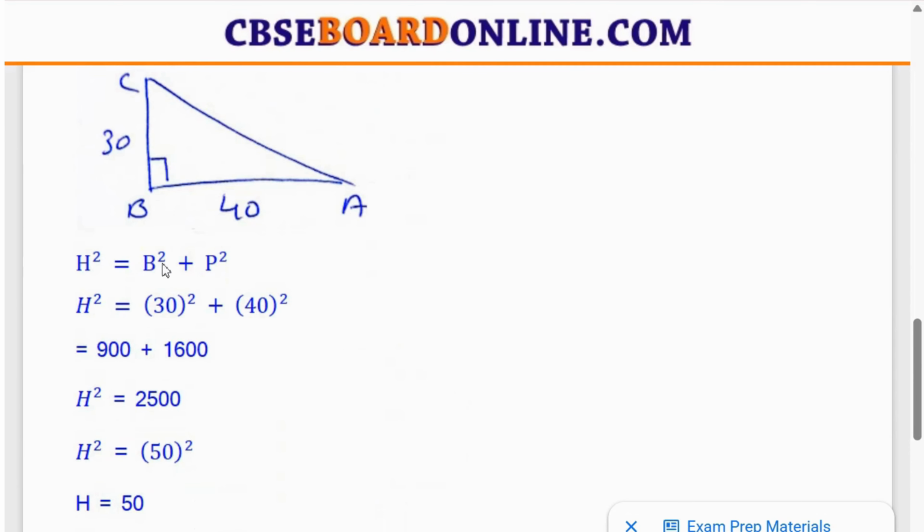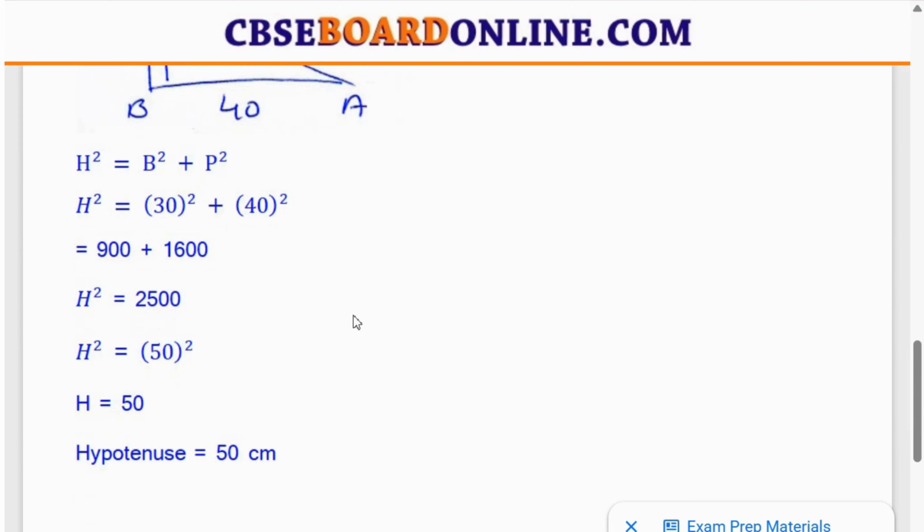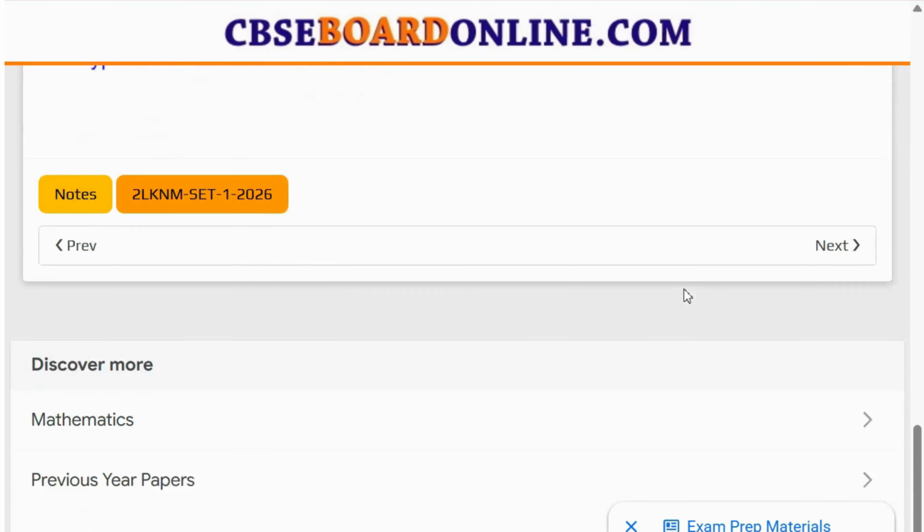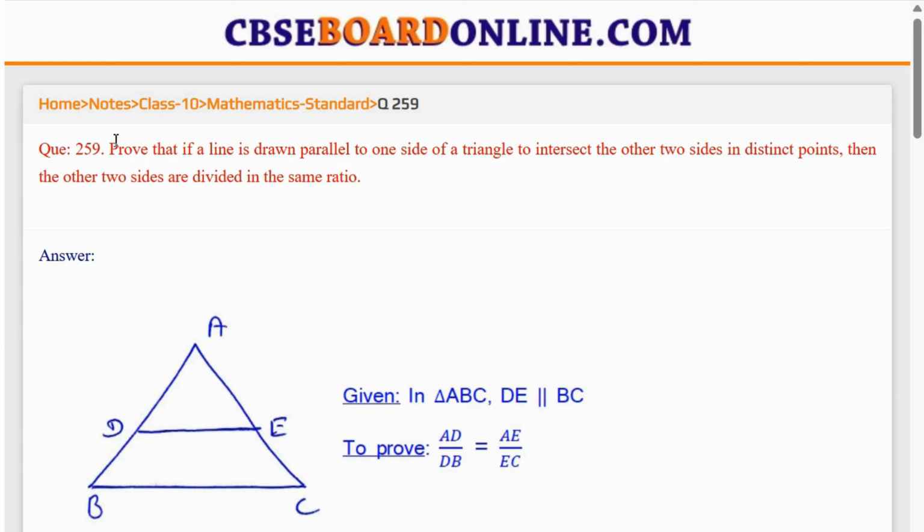So the square of the hypotenuse is equal to the square of the base plus the square of the perpendicular. If you put the values in, automatically you will get the hypotenuse as what? As 50 centimeters, right?